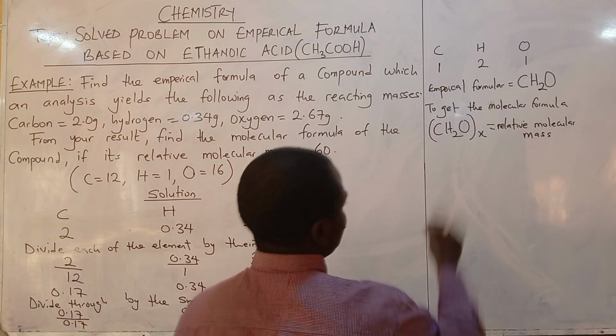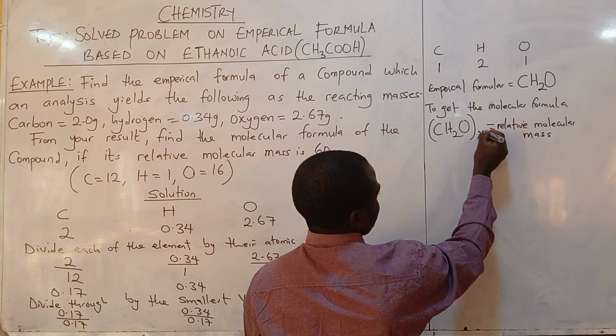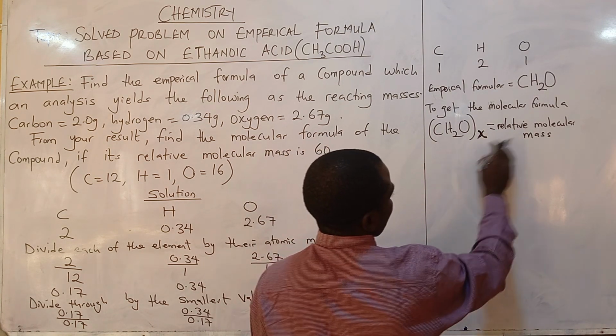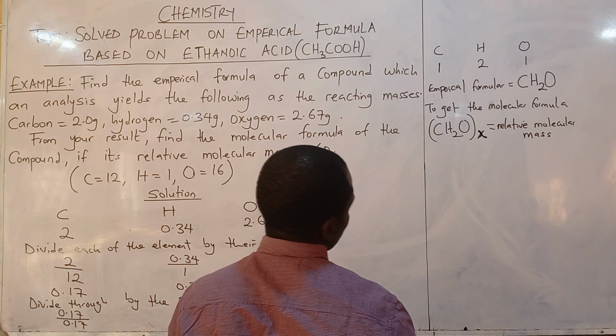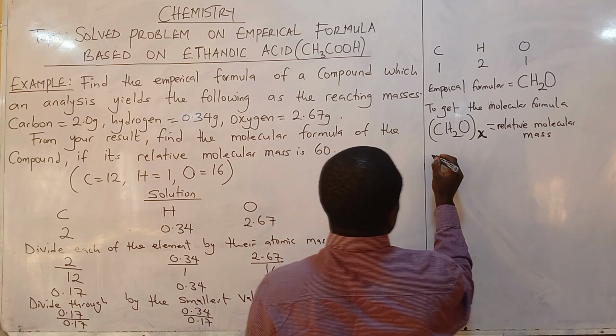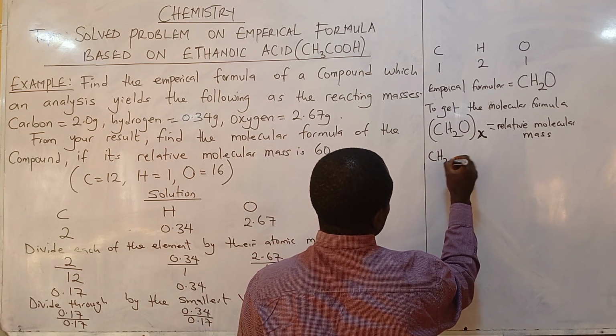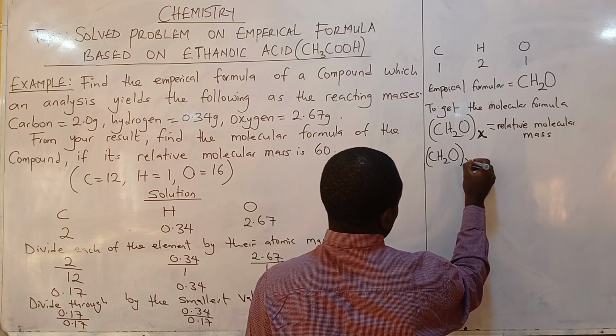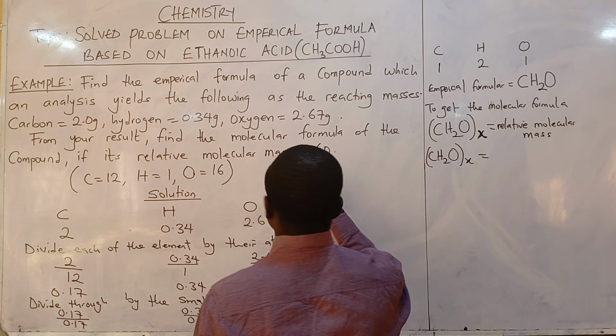Empirical formula, you put the X by the side here, equal to relative molecular mass, and we now have CH2O bracket X. The relative molecular mass is 60.